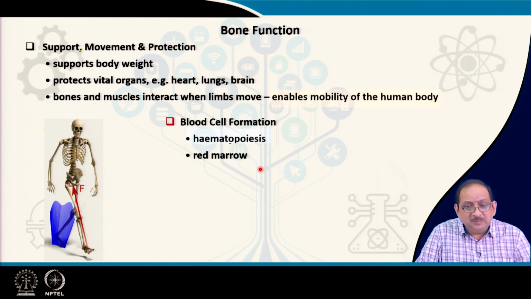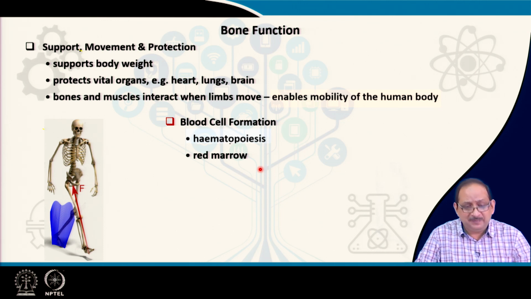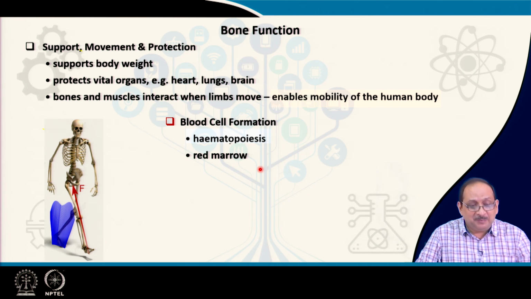Bone is responsible for blood cell formation through the process of hematopoiesis, and is also responsible for formation of red marrow in the bone marrow. Now, hematopoiesis is a process of formation of blood cellular components.